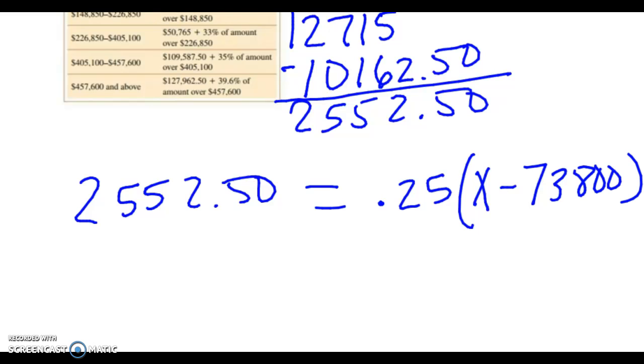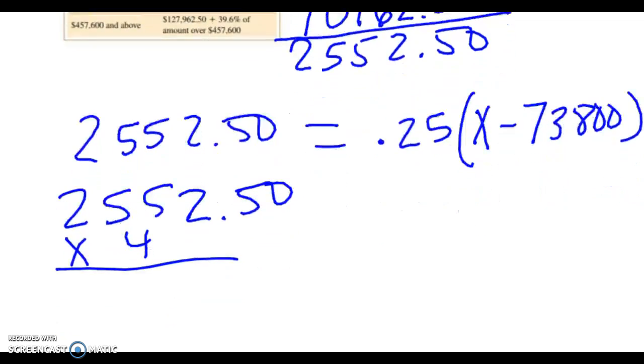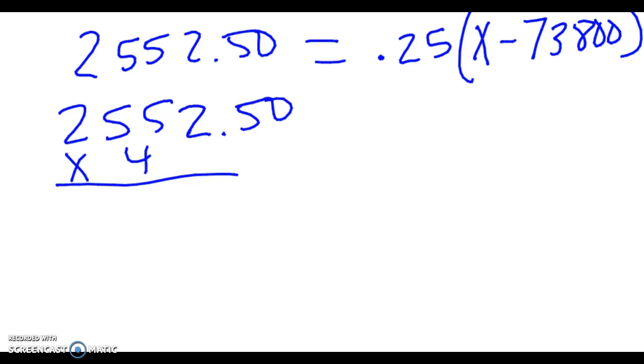So if I want to solve this very easily, I know that 25% or a quarter is the same thing as 1/4. So this amount actually equals 1/4 of something. So I'll need to multiply $2,552.50 by 4. And I'll get $10,210.